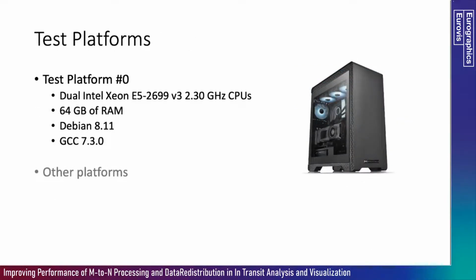In the paper and the corresponding supplemental materials, we consider 3 test platforms. We're going to review the results for test platform 0 here. This machine has 2 CPUs, each with 18 cores, and thus supports 72 hardware threads total. Our code is compiled using GCC 7.3 on this machine.